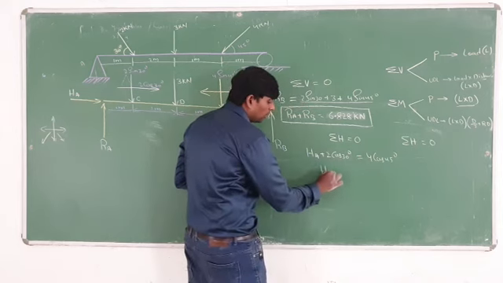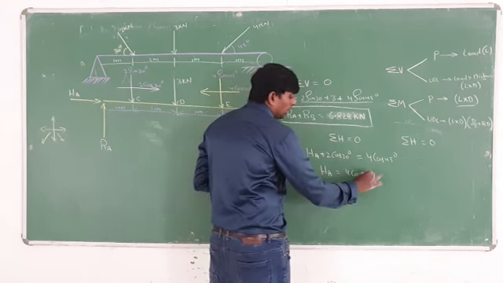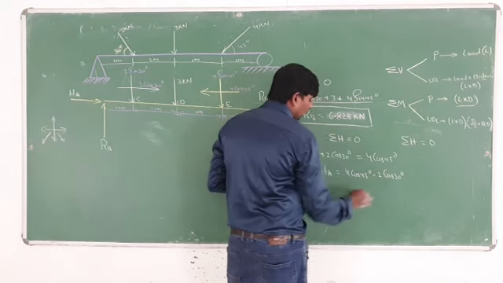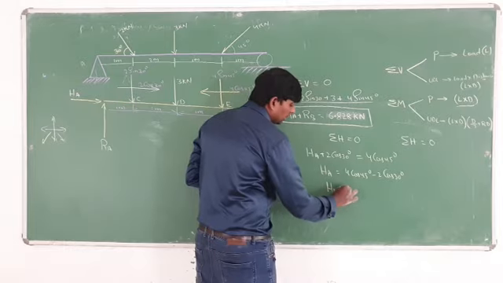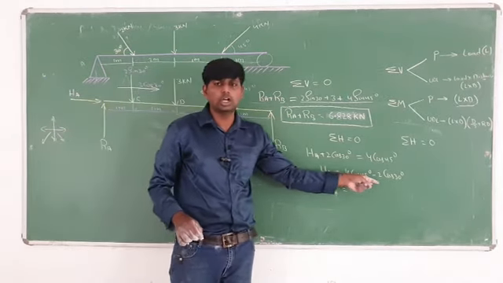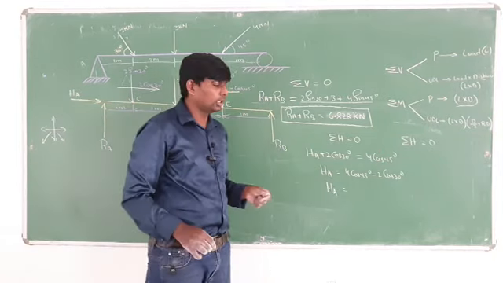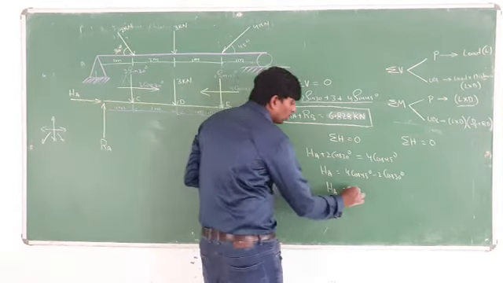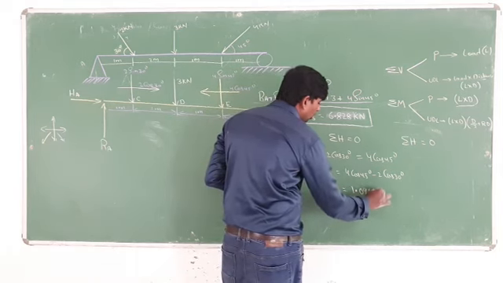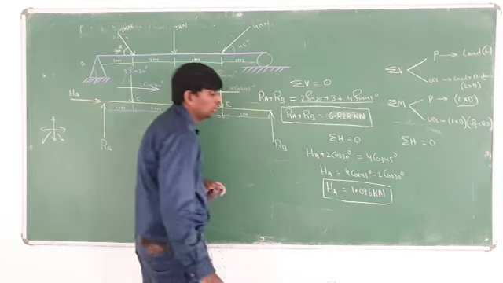So here you find the value of HA, that is 4 cos 45 minus 2 cos 30. HA is equal to 1.096 kilonewton.